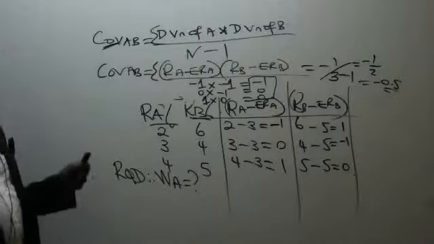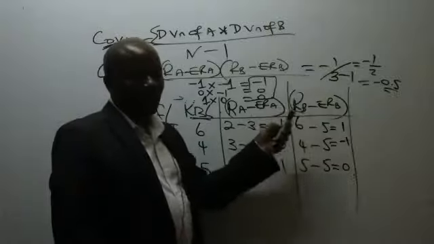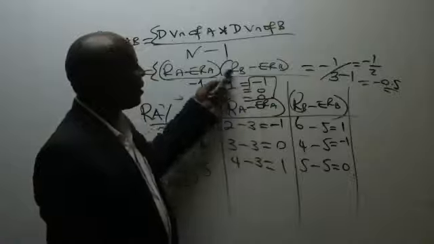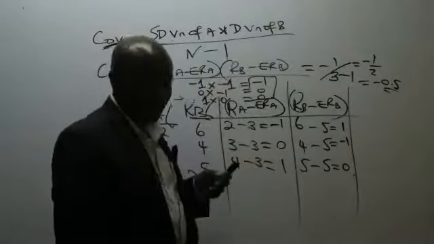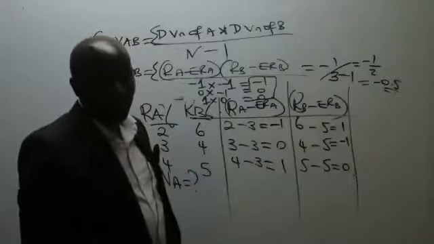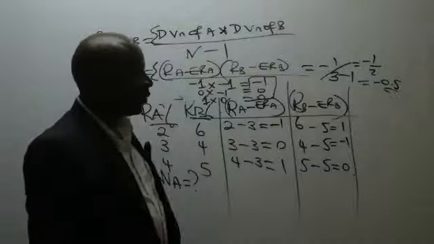The thing that I want you to do is to give us these joint deviations, the deviations multiplied. For the covariance up here, I need the joint deviation.